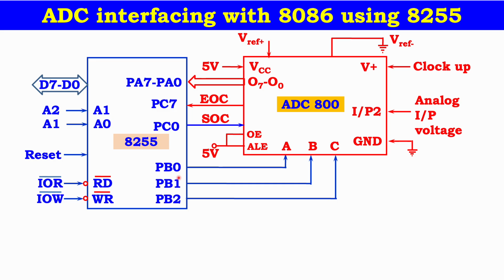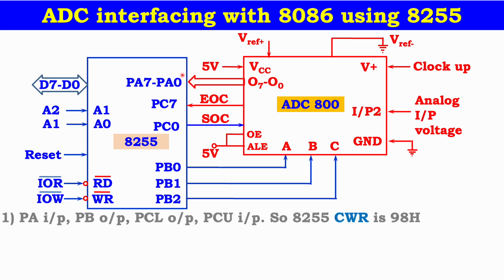Port A, port B, port C. These ports are connected in different modes of operation that we will discuss one by one. First, port A takes input from the output of the converted signal in digital form. So port A must act as an input. Now see here, first step, port A is input.